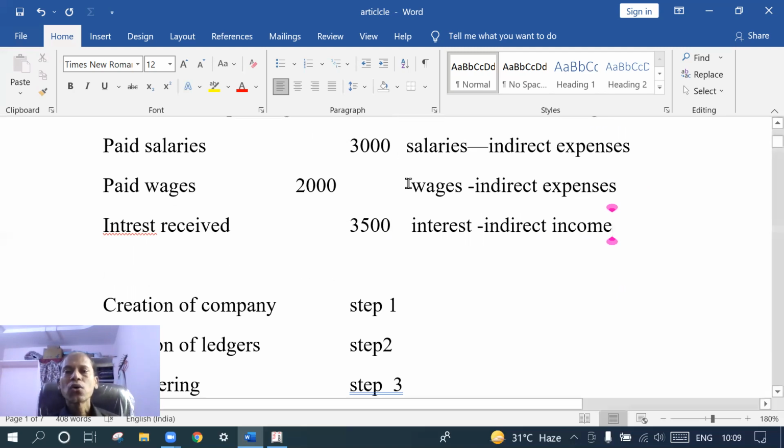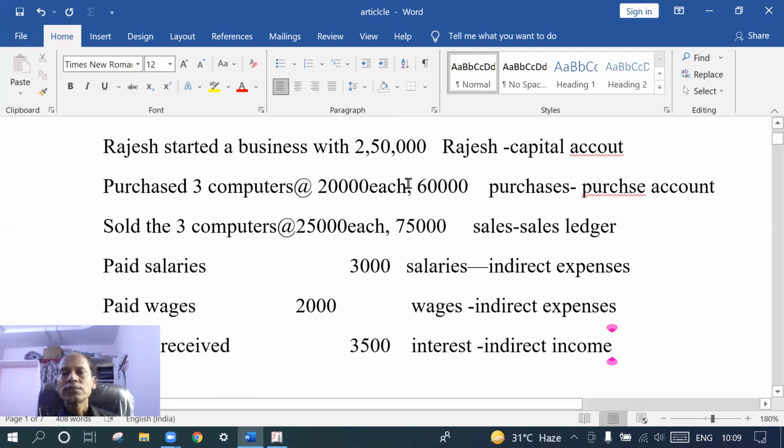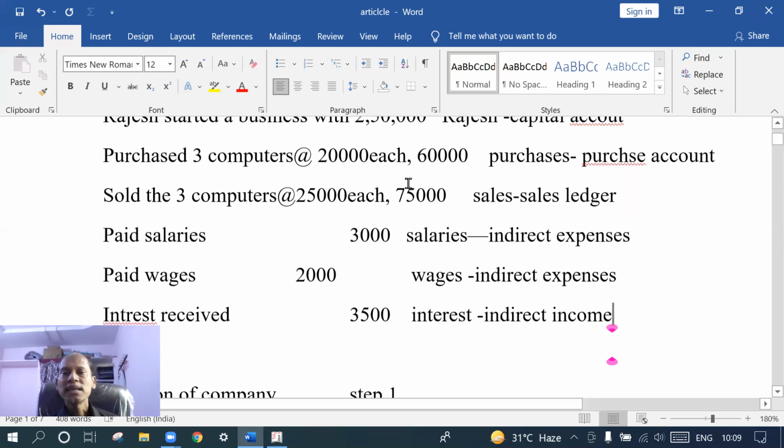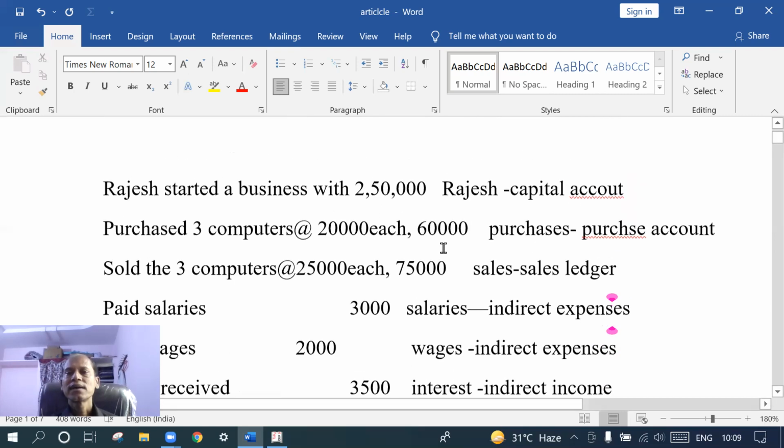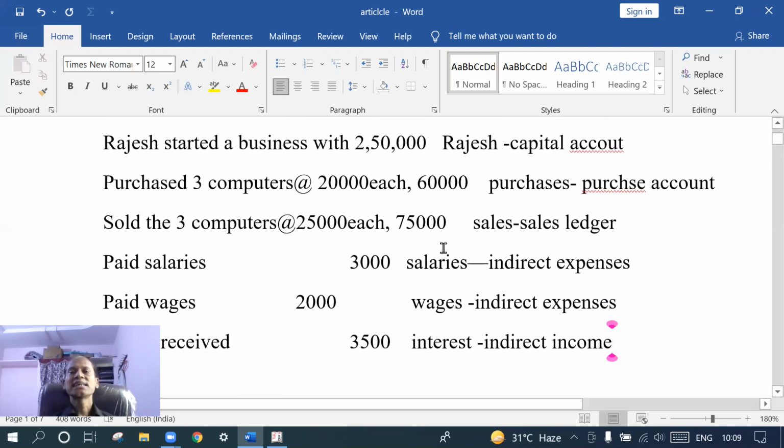Okay, so these ledgers are to be created. If you understand the creation of the ledgers, it will be very easy for you to make the voucher. So first we have to understand the creation of ledgers.